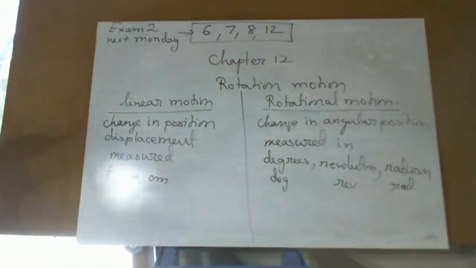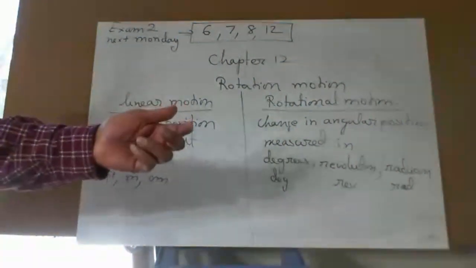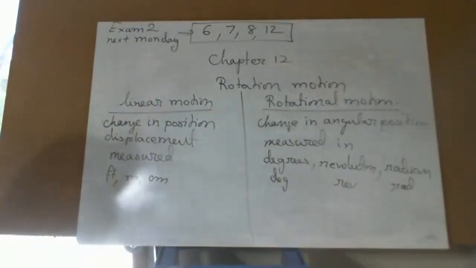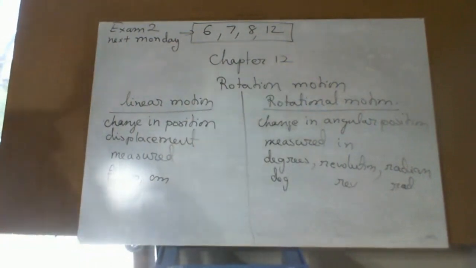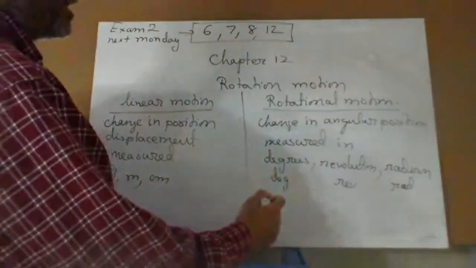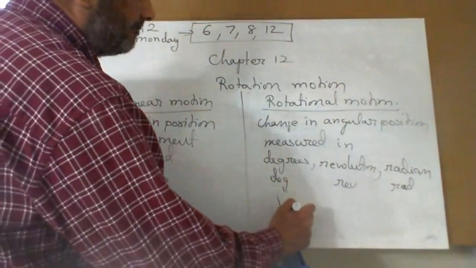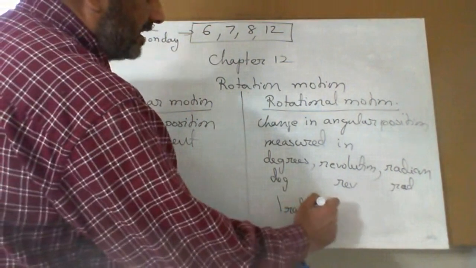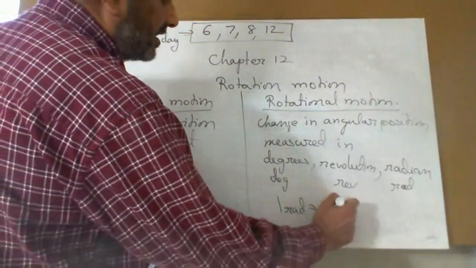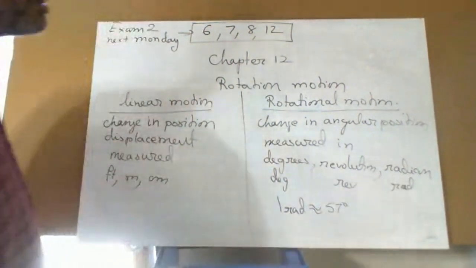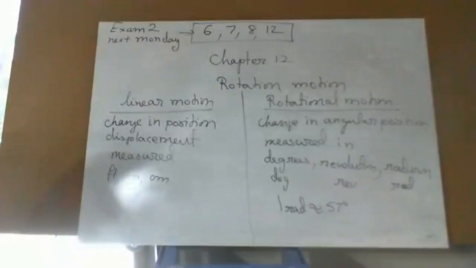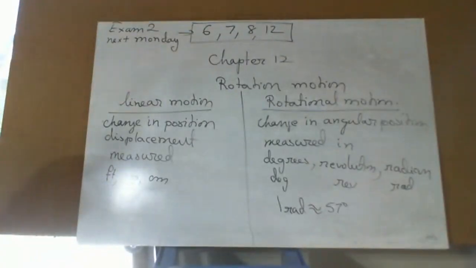So rotational motion is measured in degrees, revolutions, radians, and just to give you an idea, 1 radian is approximately 57 degrees, right? Somewhere around that. 1 radian is close to 57 degrees.